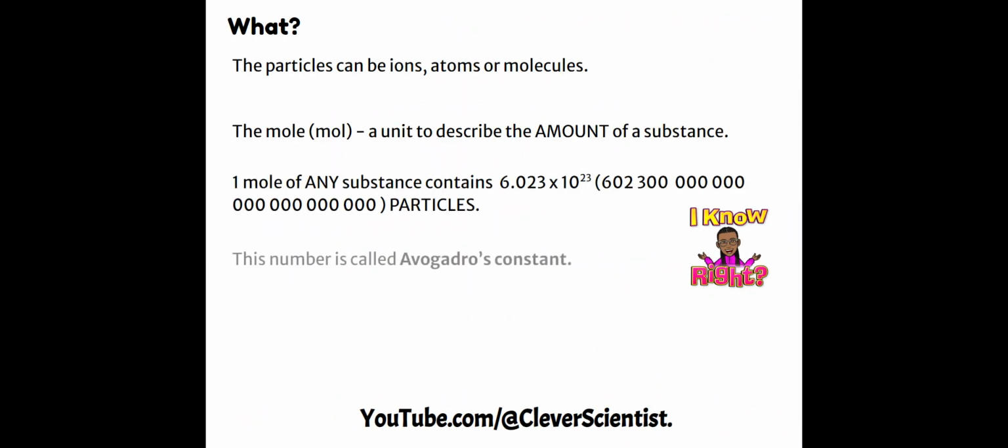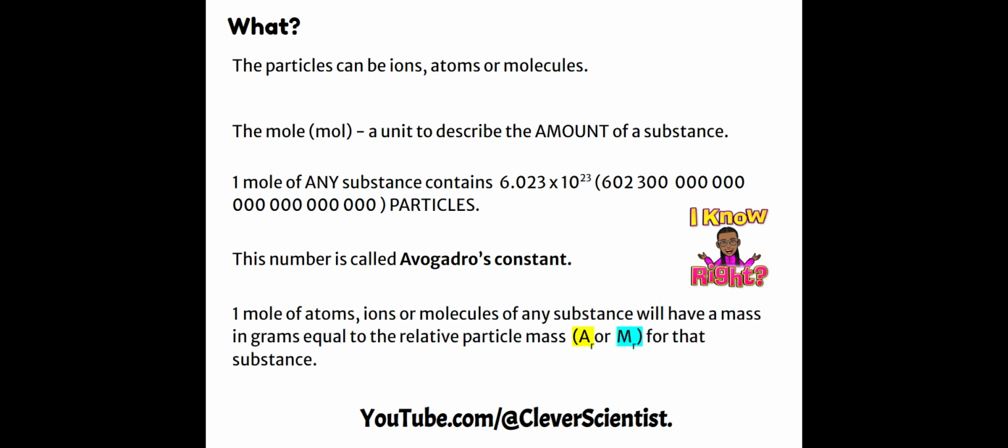So, the particles can be ions, atoms, or molecules. What do we mean by the term mole? Well, if you have a look at video number 2, that's all about calculating moles. And no, it's not the furry nocturnal animal which ruins your lawn, but a unit to describe an amount of substance. 1 mole of any substance contains 6.023 times 10 to the 23 particles.